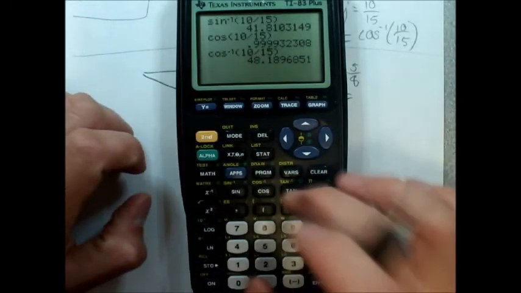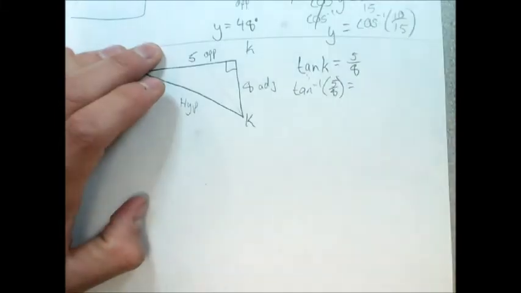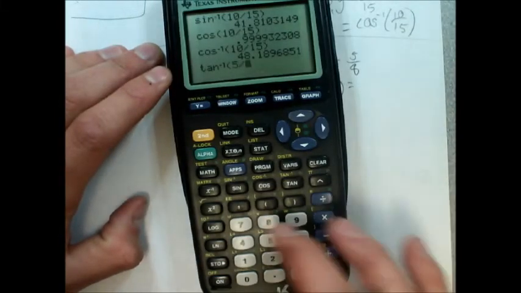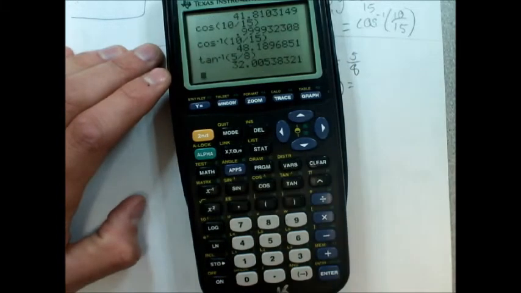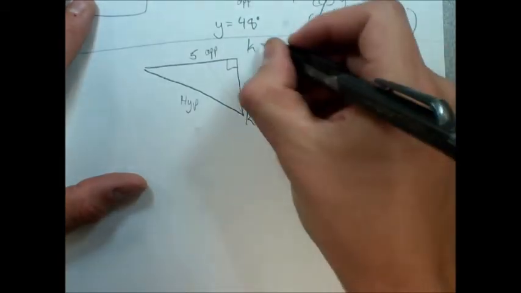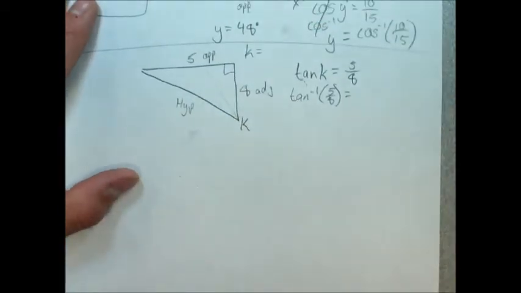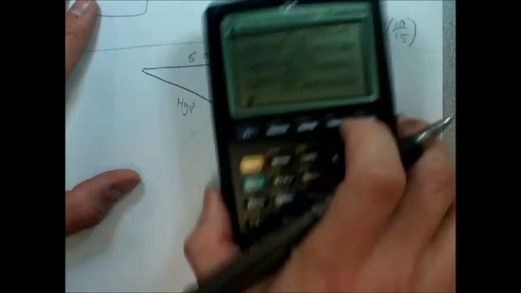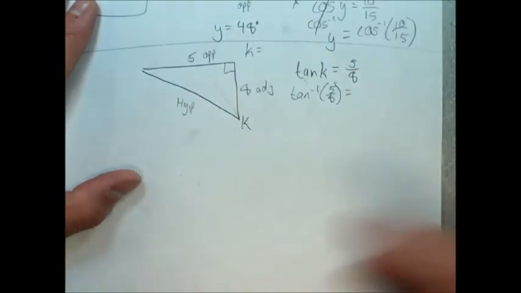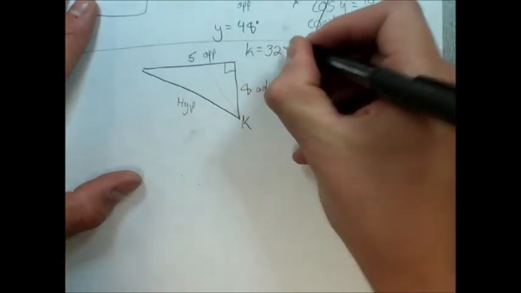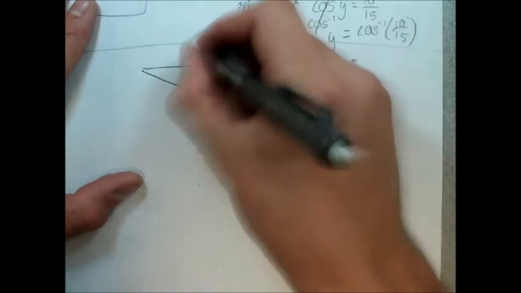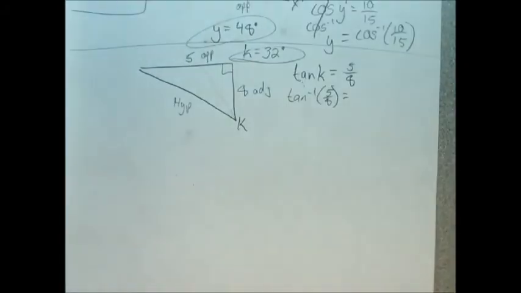Second, tangent of 5 divided by 8. 32.00538, and so on. Again, we're rounding to the nearest degree here, so it is 32 degrees. Any questions, guys?